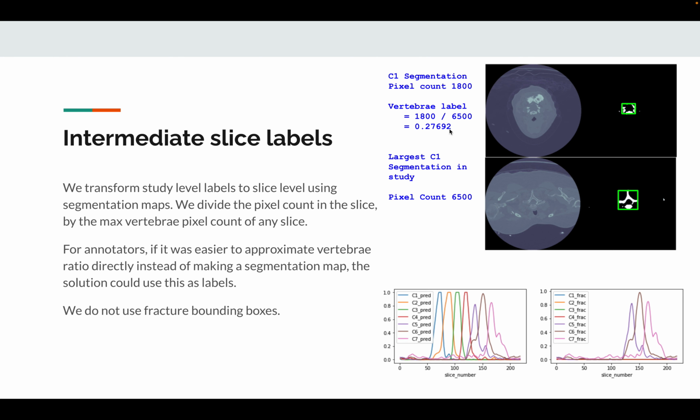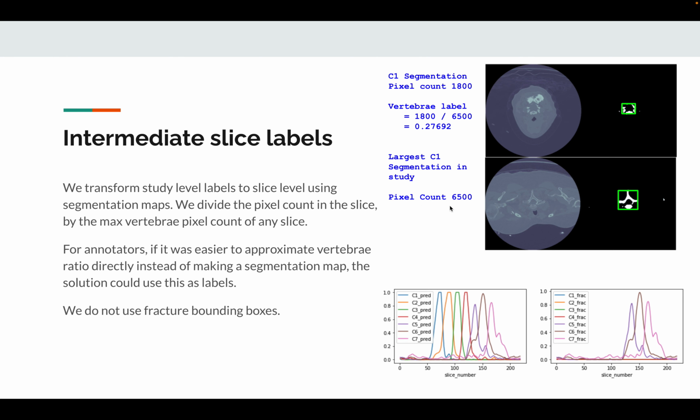So the idea of this vertebrae label, this ratio label, is what percentage of the vertebrae do we see in each slice. So the vertebrae label for the max slice would be 1, because it's 6,500 divided by 6,500.